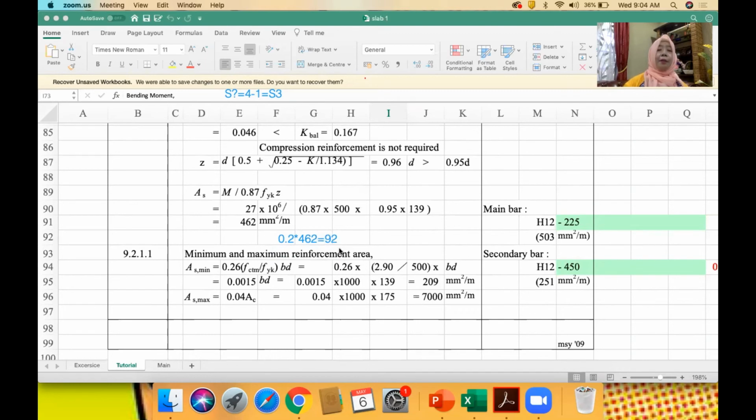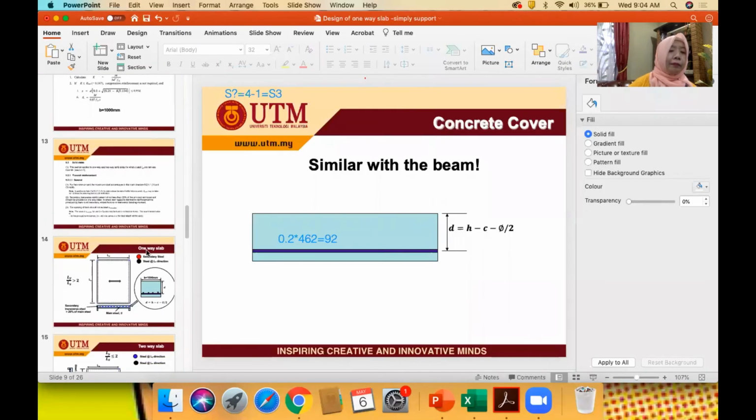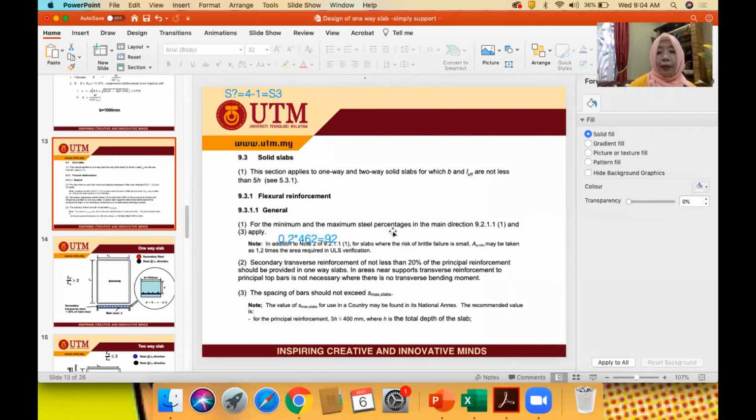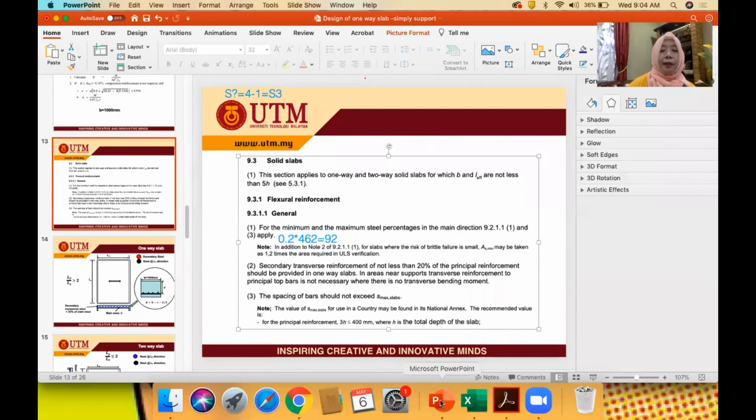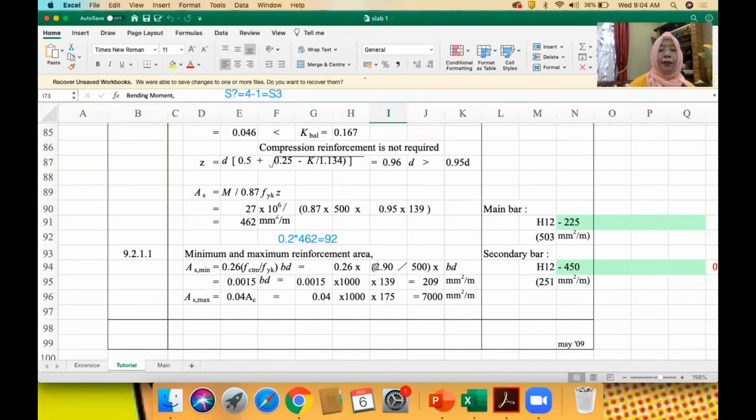Okay, it's very small. Then you can also refer to As min. Basically, designers will refer to the As min rather than the 20% as required by the code. Just now in the code here, 20%, right? But designers like to use As min.